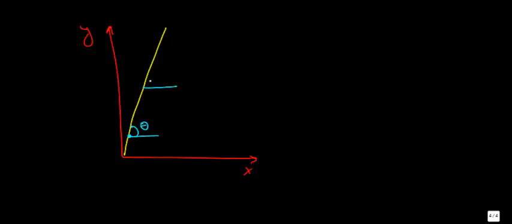The angle at this other point will also be theta, right? At any other point, the angle that it makes with the positive x-axis is always going to be the same. So tan of theta at all these points is going to be the same, and hence the slope of this particular line is going to be the same. Fine. Next, what we learn is the slope of a curved line.